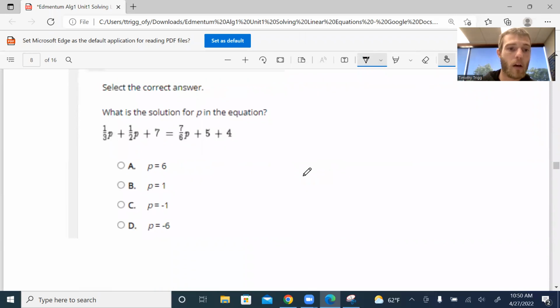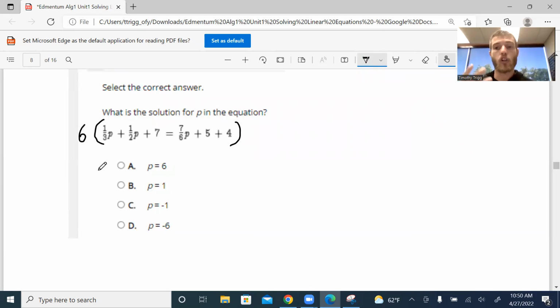All right, so here we have a situation with lots of fractions. This one has 1/3 p plus 1/2 p plus 7 equals 7/6 p plus 5 plus 4. Well, I'm going to go ahead and multiply everything by the lowest common denominator, which in this case is 6.